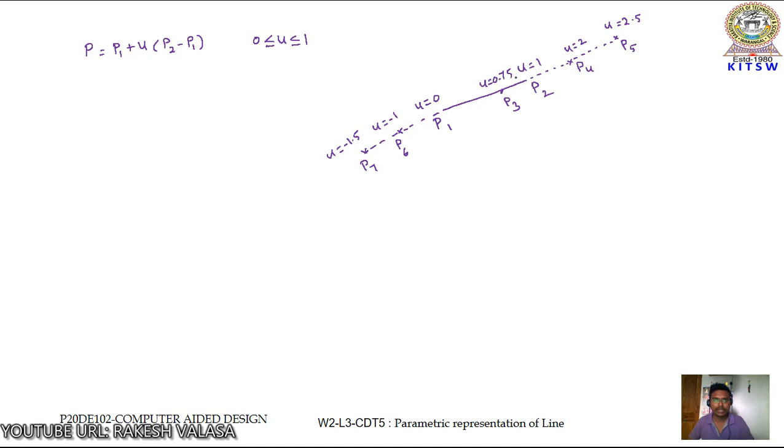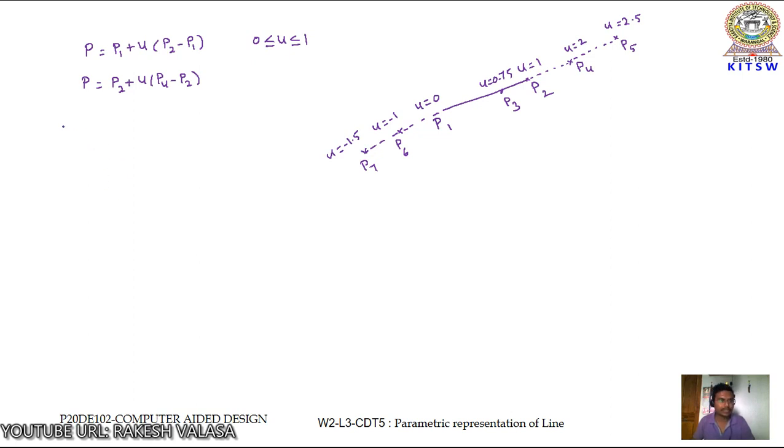For example, I am going to write the equation for P2 and P4. So P equal to P2 plus u into P4 minus P2. Here u value is 2. You can write u equal to 2 here. Similarly, you can write the different points and different parameter values.